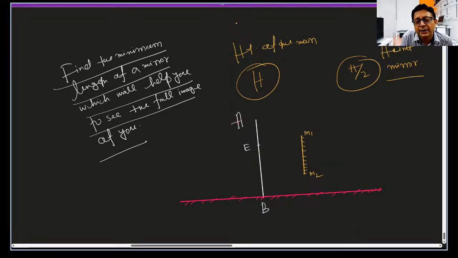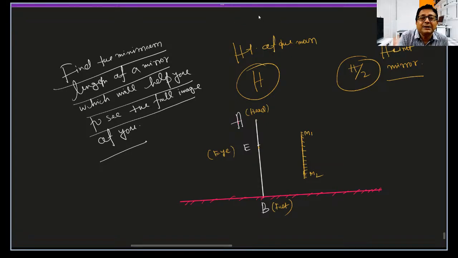So what will happen there? If a ray of light from the head, this is position of your head, your eye and your feet. So if I send a ray of light, it should reach the eye, then only you can see it. You agree or not?